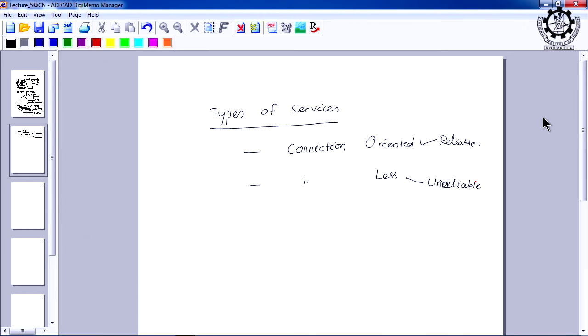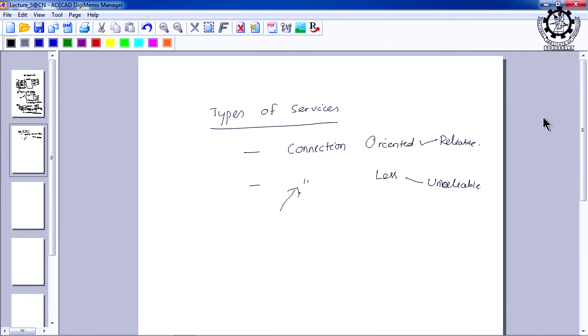In the connectionless service, again to make it reliable, one technique is adopted for this layer, that is acknowledged connectionless service. So, the DLL has acknowledged connectionless service, and another is unacknowledged connectionless service.